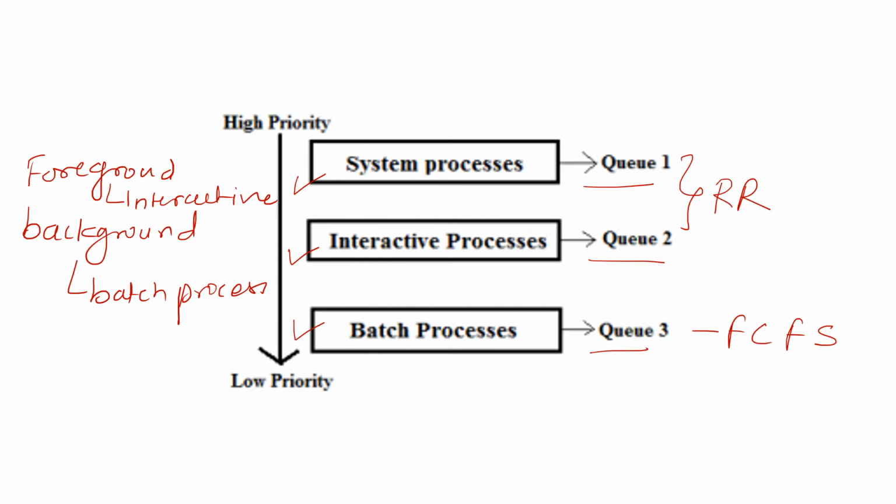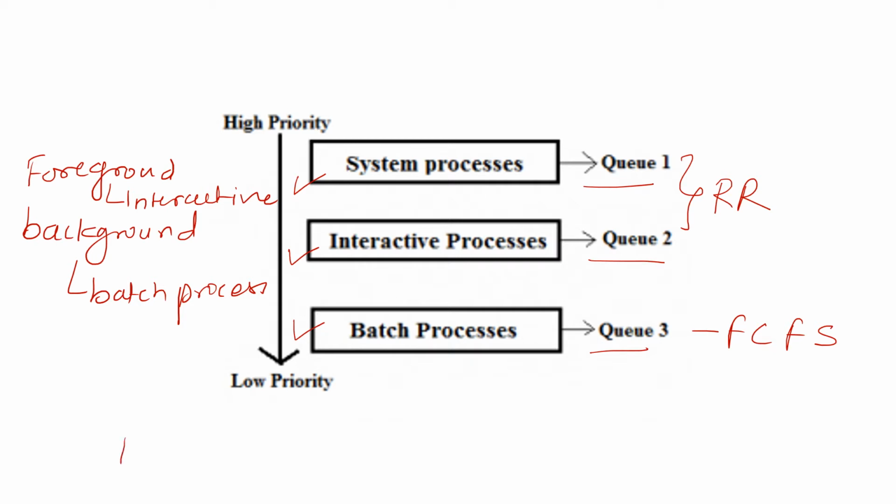Now you will think, what will happen if all the queues have some processes? Then which process should get the CPU? To determine this, scheduling among the queues is necessary. There are two ways to do so.